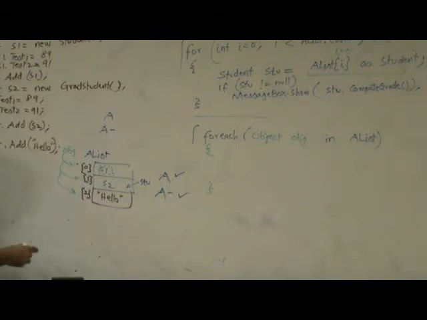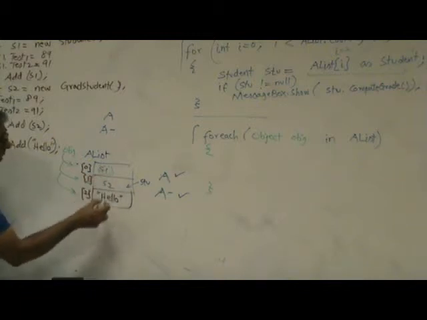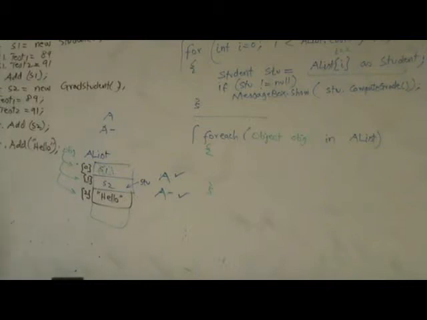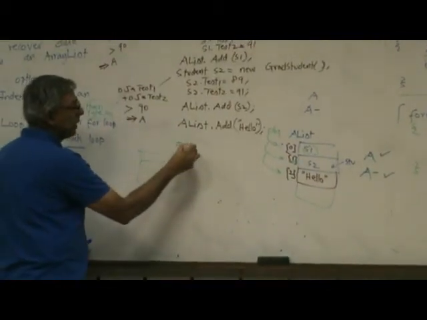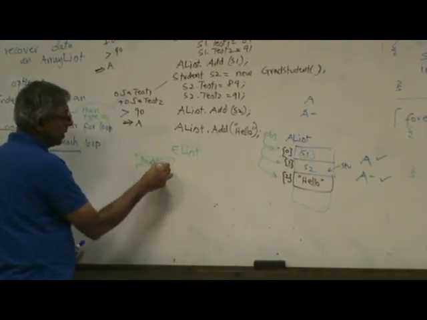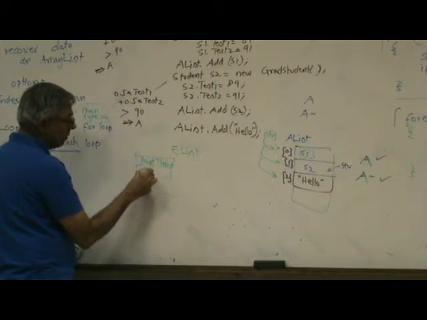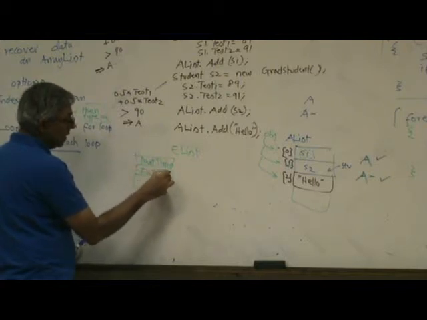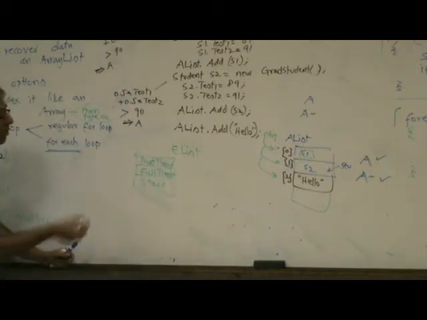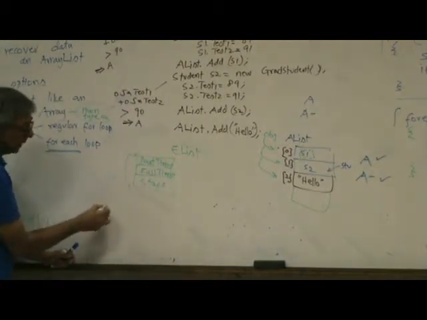Now suppose some were students, some were grad students, some were part-time students, or let's pick another example. Suppose that you have some E-list over here. You had a part-time employee, you had a full-time employee, you had a staff object over here, right? And let's pretend the base class of all of these is an employee.